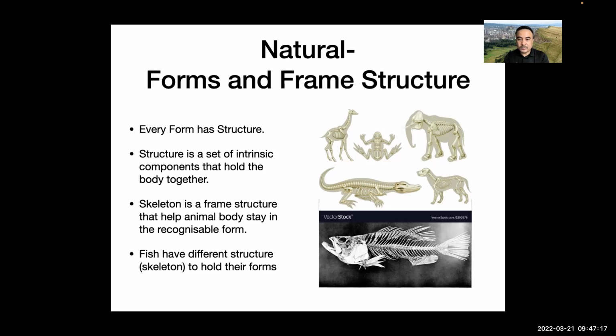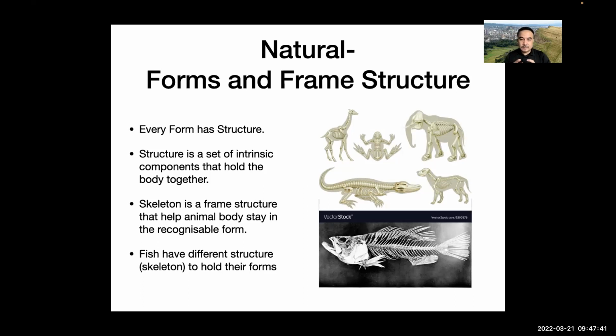Once the form is stable, the animal performs or moves in a different way, in its most efficient way, right? Like the frog could jump, the giraffe could hold its long neck and nibble on the leaf of tree high above the ground, right?